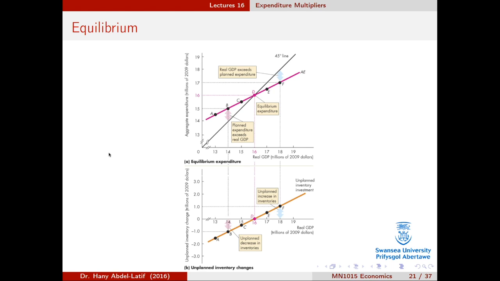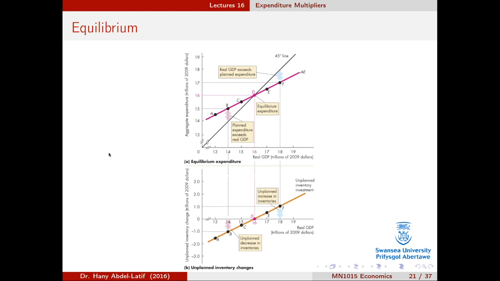But what we have here is the planned expenditure, which is this red line. So we want to see where the equilibrium is, meaning the level of GDP at which the real GDP equals the aggregate expenditure. Obviously, it is point D.